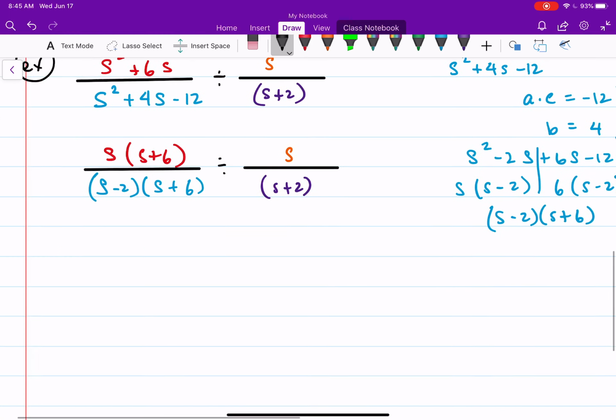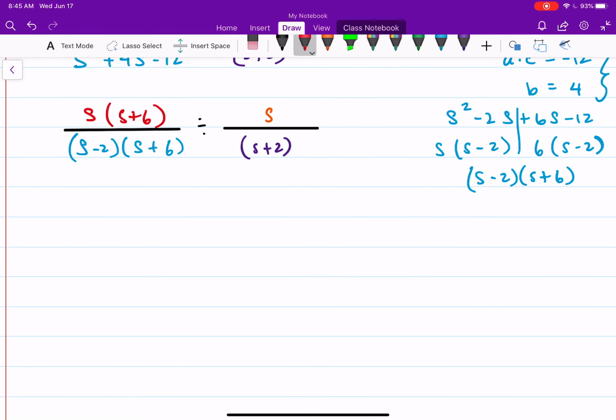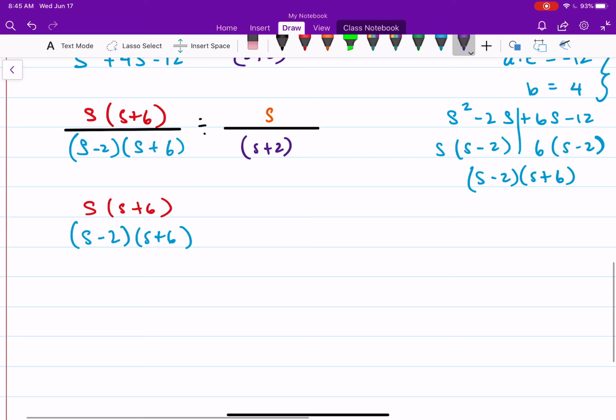I'm dividing. So now I've got copy, change, flip. So I copied the first.